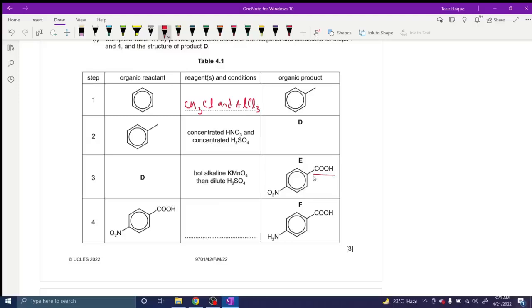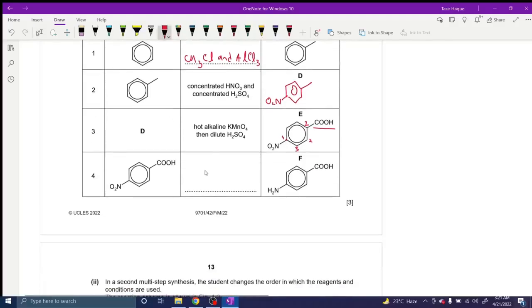We are getting benzoic acid, right? That's happening later. So you know that the methyl group is ortho-para-directing. Usually it goes here, right? Ortho or para position. You need to make sure it goes to the para position, because compared to this, it's at carbon 2, 3, 4. It's at carbon 4. So when you draw this compound, right, you have to ensure that your nitro group, the NO2 group, is at the para position. Okay.